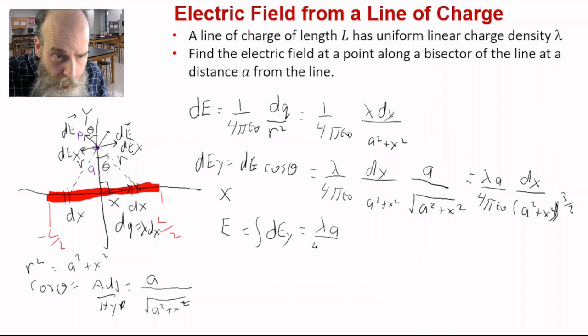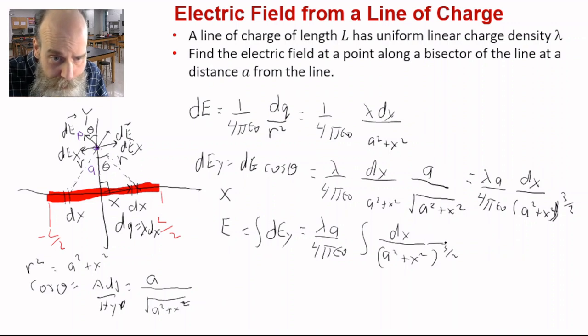Integral of dx over a squared plus x squared to the 3/2. The limits of integration go from negative L over 2 to L over 2. So there's our integral. Solve that integral and we can find the electric field.